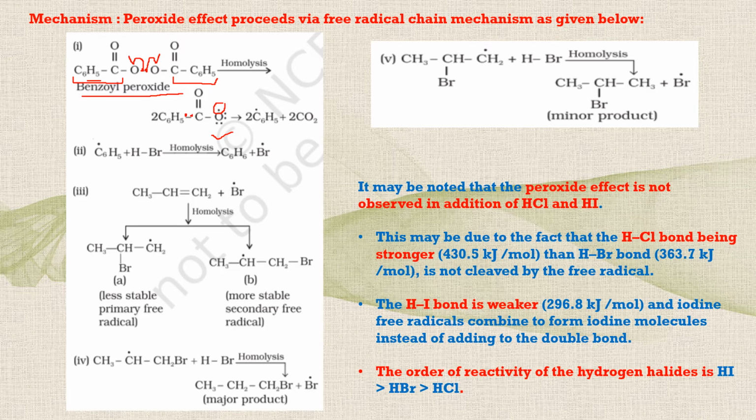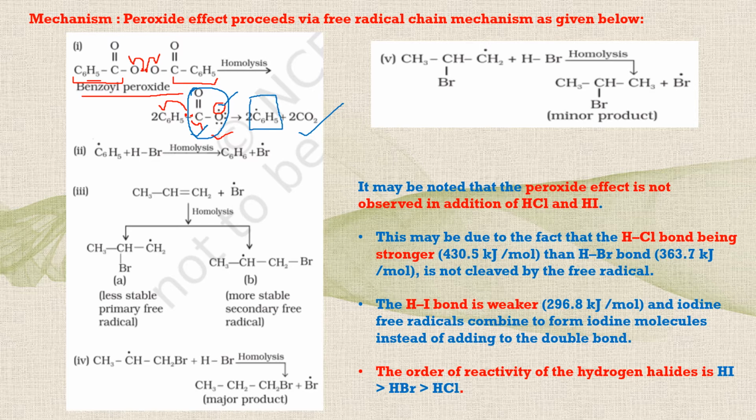Homolysis. So if the carbon of benzene takes its electron back, and same way this carbon is taking its electron back. So this carbon is the carbon which is directly attached to oxygen. This one. It's going to get one electron, and one electron, odd electron is already there on oxygen. So they both combine, and this particular entity goes out as carbon dioxide. So I am left with phenyl free radical.